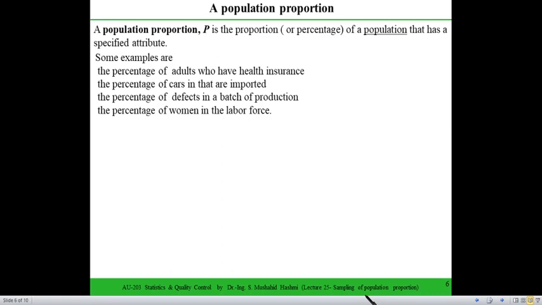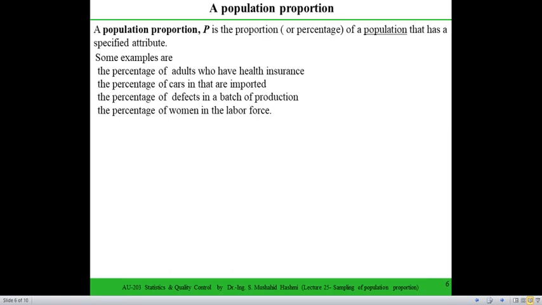If, let's say, 50,000 cars are imported in a year out of 300,000 cars in the country, that would be the population proportion of the attribute. Or in a production line, if you are producing let's say 1000 parts, and out of which 5 or 7 parts are defective, that percentage or proportion represents a population proportion.